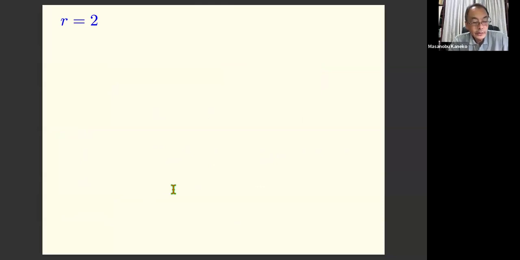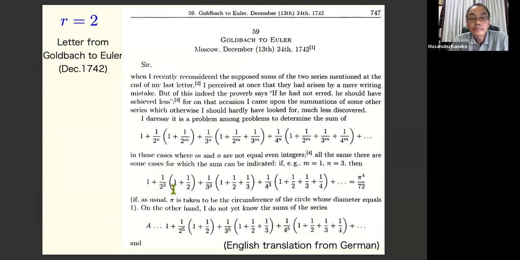it seems it was Goldbach who started looking at these double zeta values. So this is the first letter to Euler from Goldbach. The original was German, but this is an English translation.